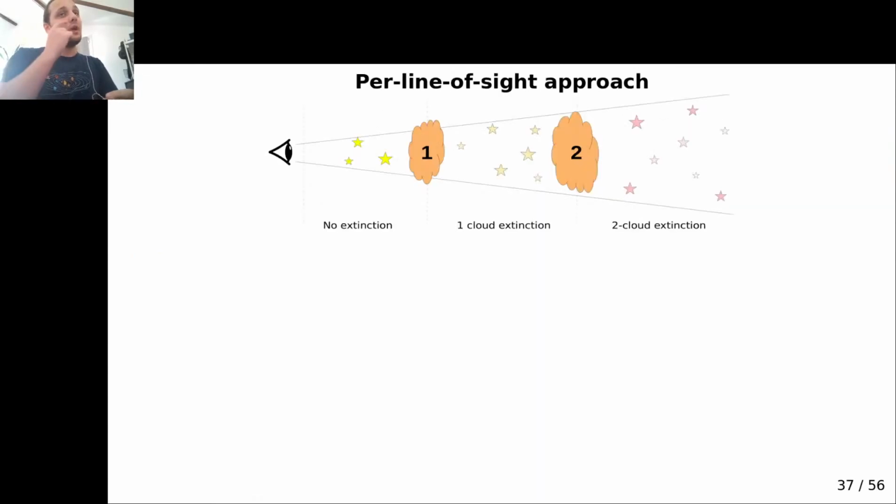We want to have a per line of sight approach, which is fairly common in the maps I have shown you just before. It means that we will use several stars at the same time, and all those stars will be reddened and fainted according to the cumulative extinction in the line of sight.